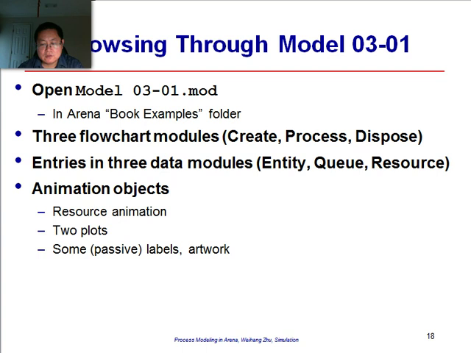If you click each module, its data can be viewed in the spreadsheet view. On the top of the drilling center process module, you can see a picture of a machine. It will show some animation when the simulation is running. There are 2 plots. One is to show how many parts are waiting. The other is to show whether the drill press is busy.